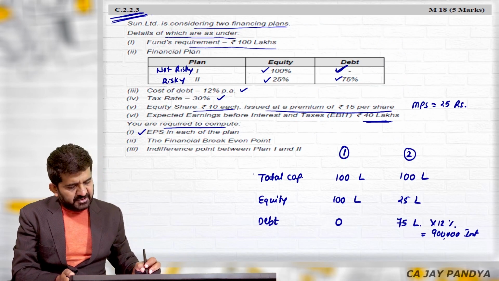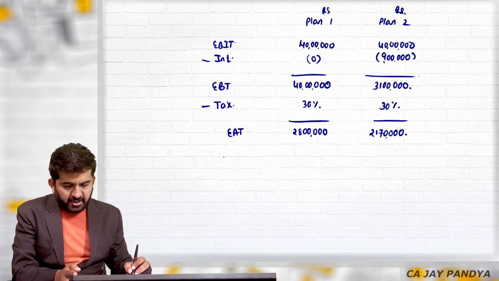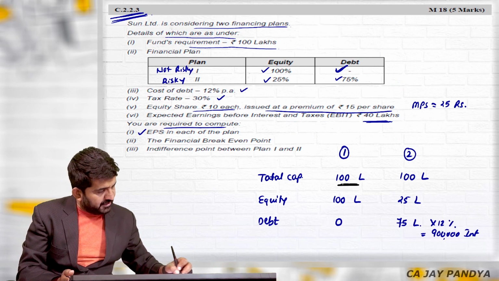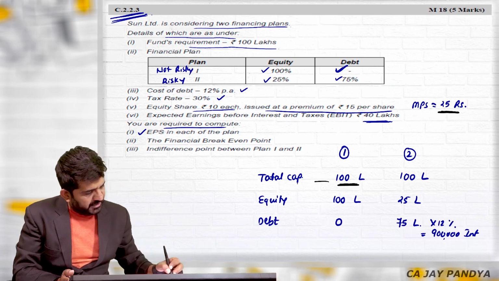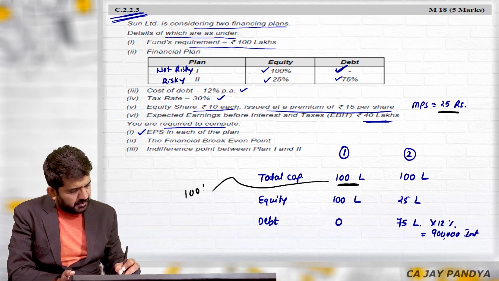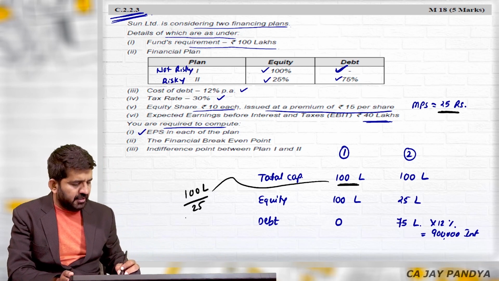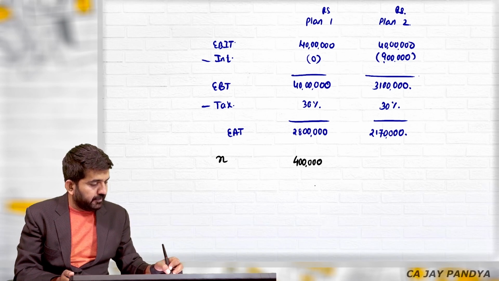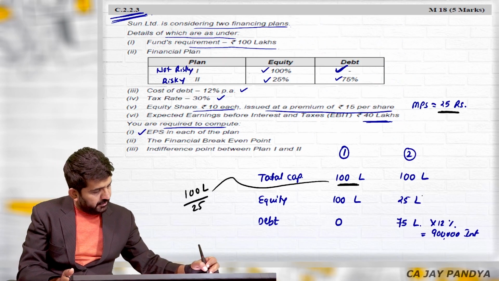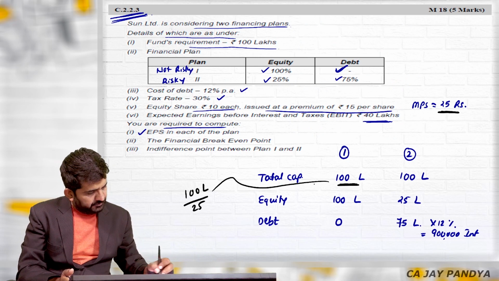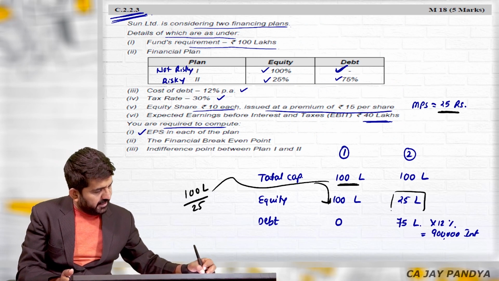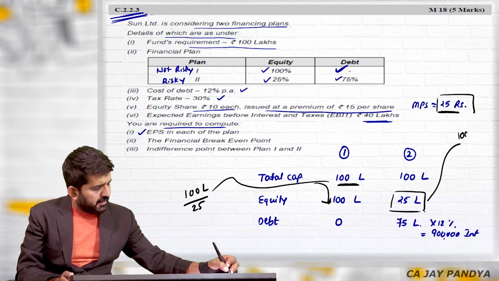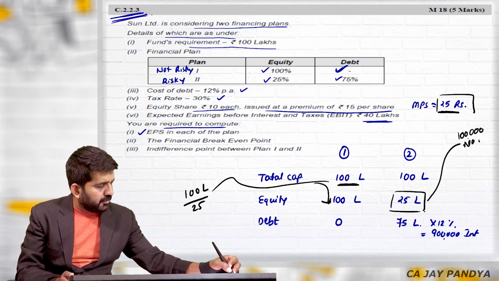Is there any preference dividend? No. Then I'll have to find out the number of shares. Total capital is 100 lakhs and the market price of the share is 25. So the number of shares will be 100 lakh divided by 25, which is 4 lakh shares. And here, 25 lakhs divided by 25, which will be 1 lakh shares.